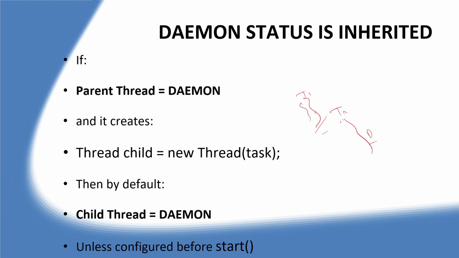If that daemon thread creates another thread, that new thread will also be a daemon by default. So the child thread will also be a daemon thread by default. Similarly, a thread created by a user thread will normally be a user thread, unless we explicitly change its daemon status before starting it by calling setDaemon true. This is why understanding who creates a thread can also matter when debugging thread behavior.